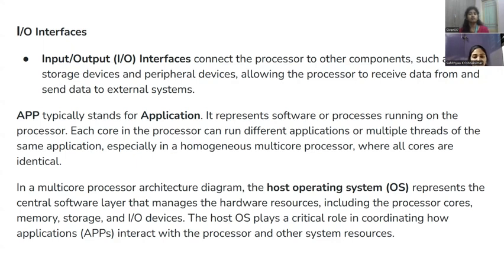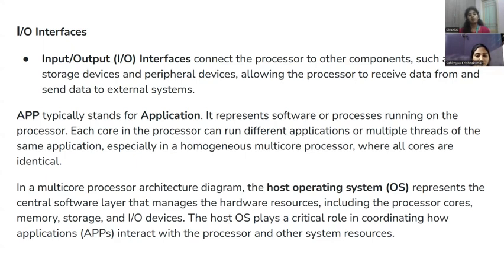The OS is responsible for distributing tasks to the different processor cores. It is also used in scheduling and load balancing. So this explains how the processor interacts with the external components through the I/O interface, how it handles multiple applications in a multi-core setup, and how the OS manages and coordinates everything.